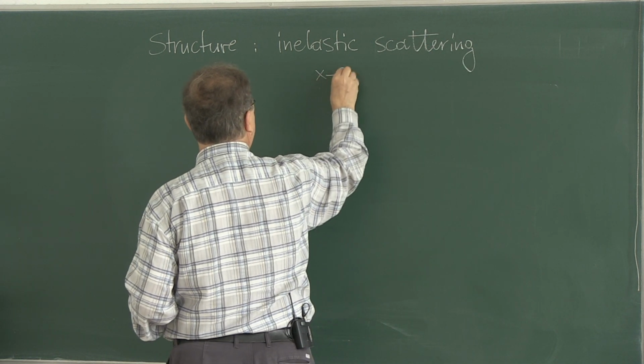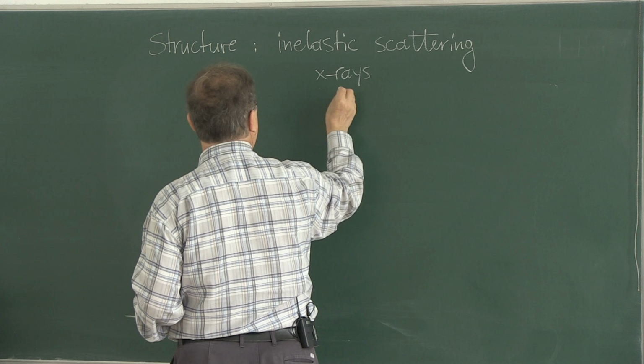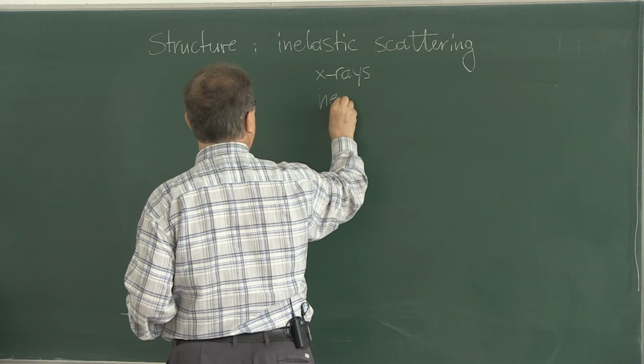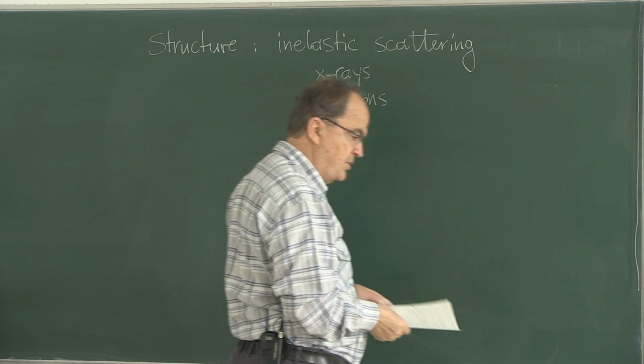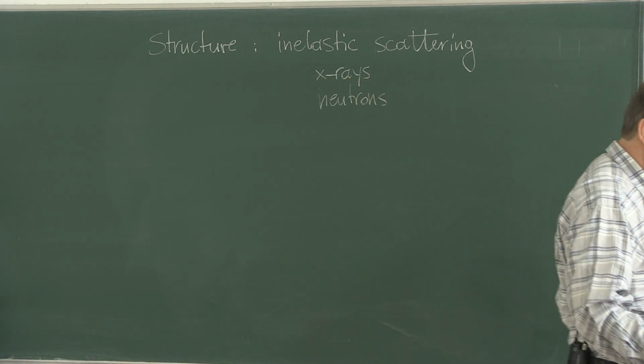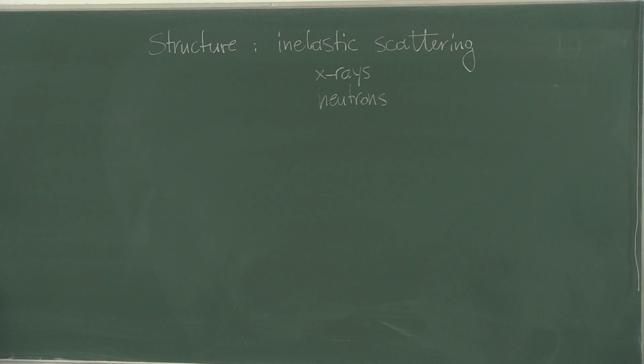X-rays or neutrons, or if the thing that you want to see is large enough, you can use visible light if you like, instead of X-rays. You have to use a wavelength which is of the order of the size of the particles.